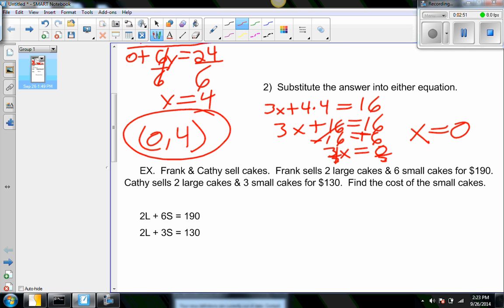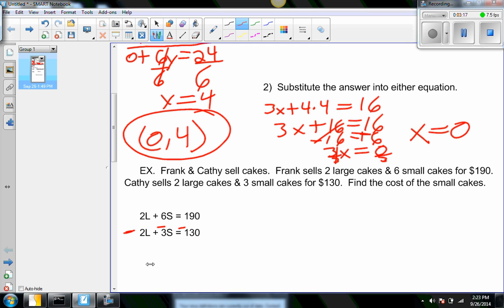Now you need to be careful on this one, because to get rid of 2L, I'm going to have to subtract, right? But here's the problem. If I change this to a subtract problem, this is now a negative, right? So this is a negative, which makes this a negative, which makes this a negative, right?